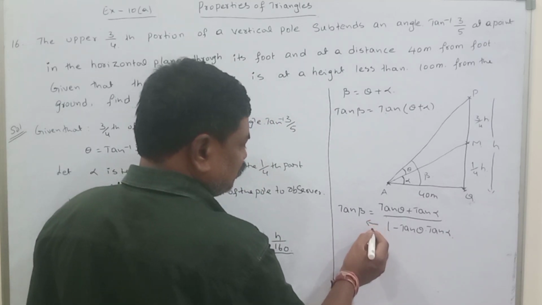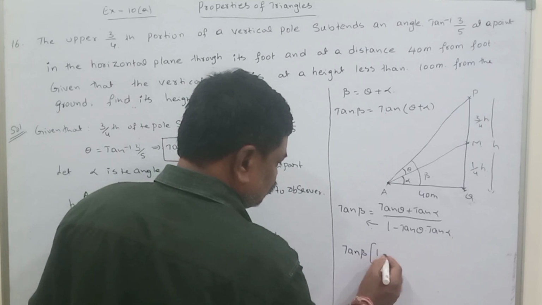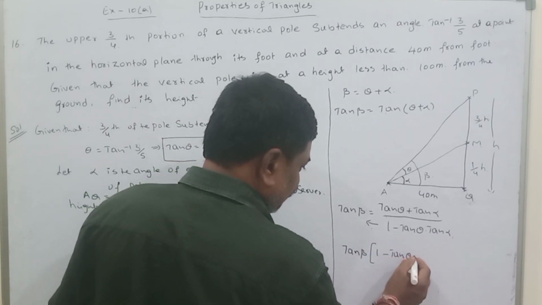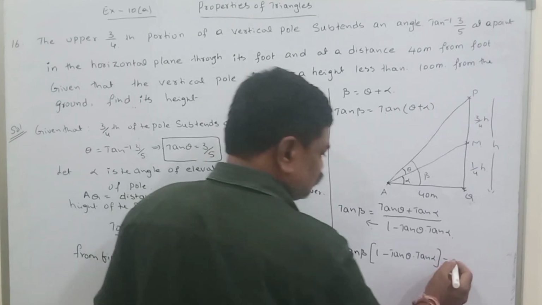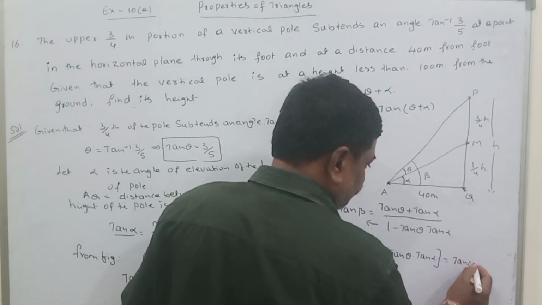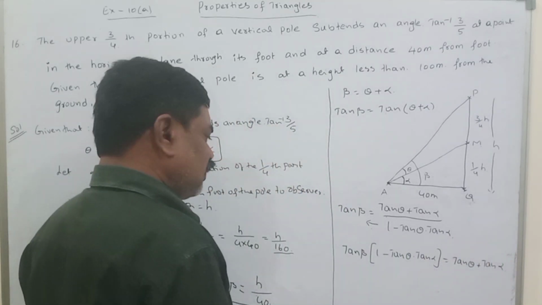By cross multiplication, tan beta times (1 minus tan theta into tan alpha) is equal to tan theta plus tan alpha.